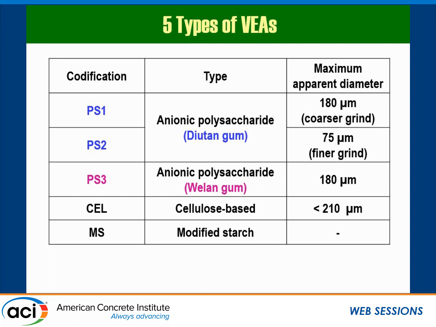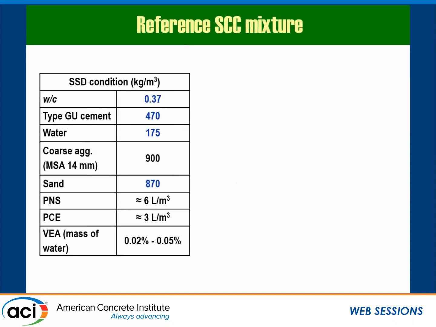PS2 is finely ground, so it goes into solution faster than PS1. PS3 is a welan gum, which is also a polysaccharide, different chemistry, also coarsely ground. Then you have the cellulosic base material, HPMC, hydroxypropyl methylcellulose, and then modified starch. All of those are used as viscosity-enhancing admixtures to modify rheological properties of cement-based materials, including SCC.